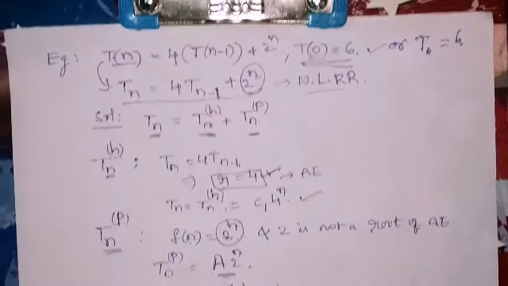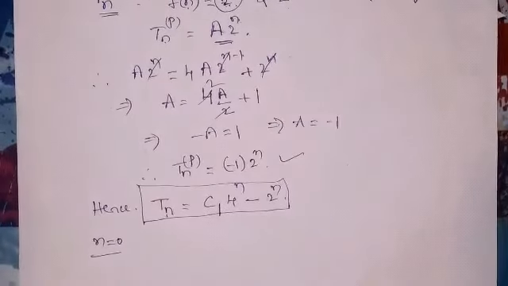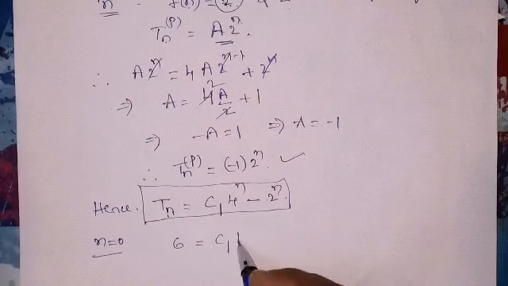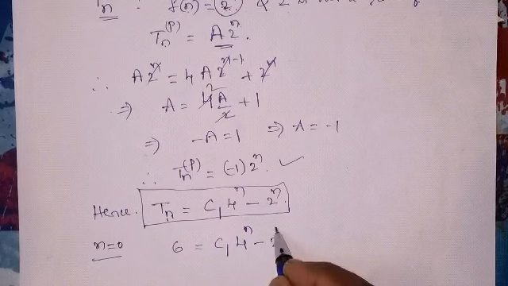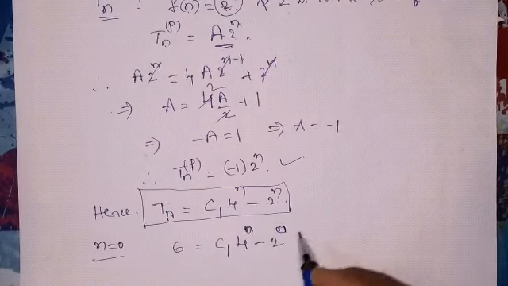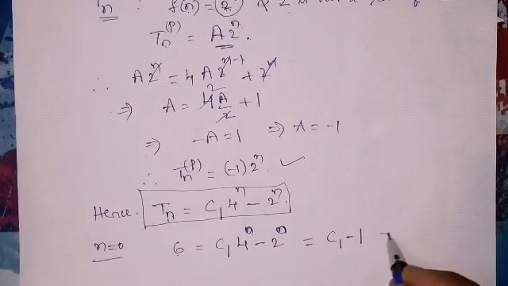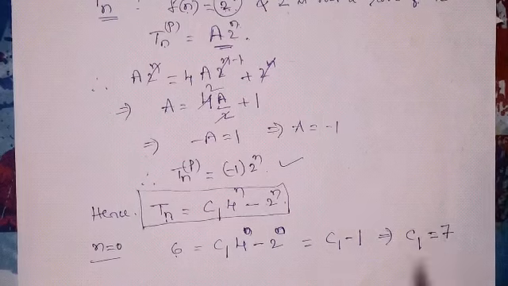We put it in our solution. So for n equal to 0, we have T0 equal to 6 equals C1 into 4 power 0 minus 2 power 0. Because n is 0, we have C1 minus 1 is equal to 6, which gives us C1 is equal to 6 plus 1, 7.